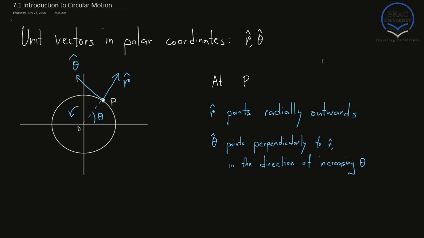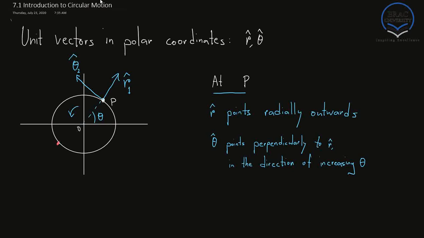Okay, but now notice an interesting subtlety. We've done this at some point P. What if it were at some other point Q? At P, instead of calling them r hat and theta hat, let's subscript them. Let's call them r hat 1 and theta hat 1. Think about some other point along the circular motion, like, let's say, this point here.